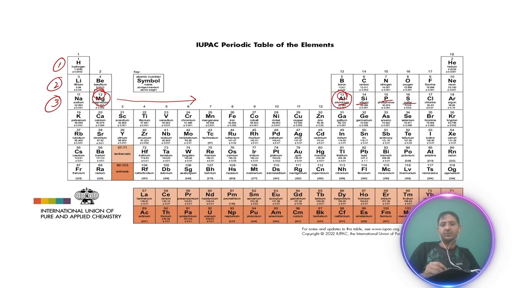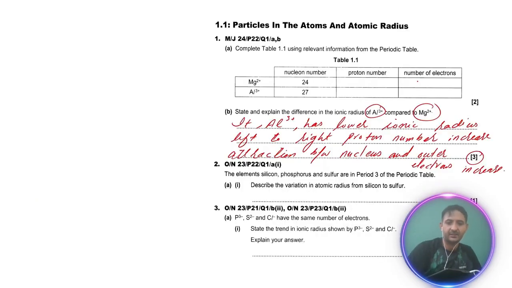Already I told you left to right, here we have 13 protons, here we have 14 protons, here we have 15 protons. So left to right proton number is increasing, so from silicon to sulfur the size of atom decreases. So the variation in atomic radius from silicon to sulfur, it decreases. I am writing decrease. He is not asking for some reason.